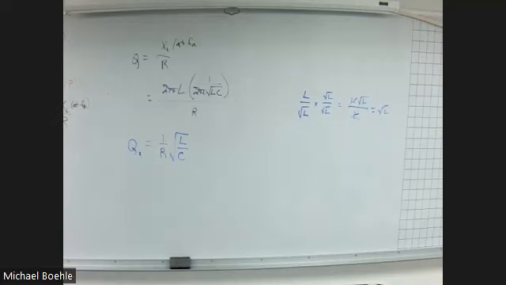Now, this shows us something very important right here. Once I have a value of inductor and capacitance, Q is also controlled by R. It's inversely proportional to R. Now, why is R important?